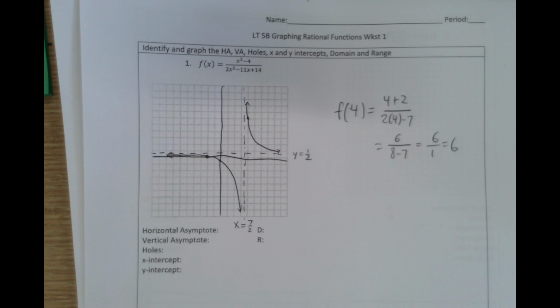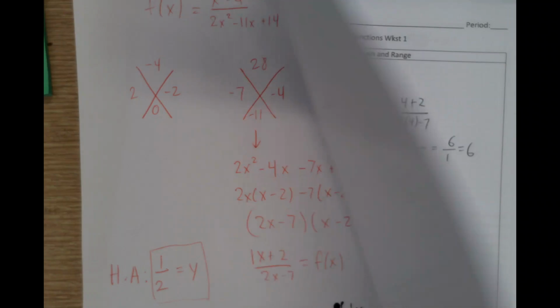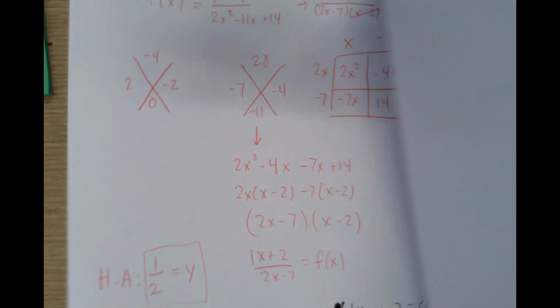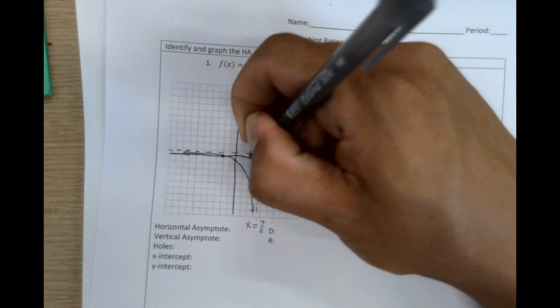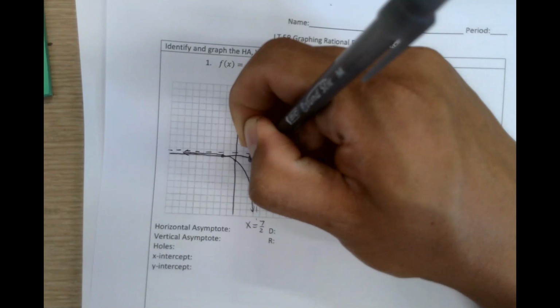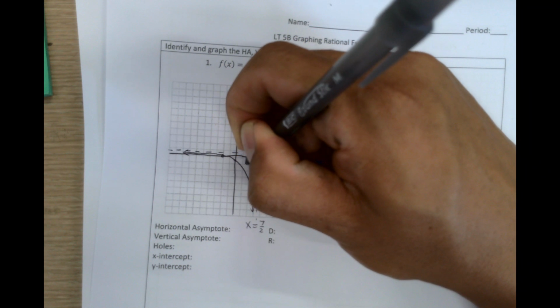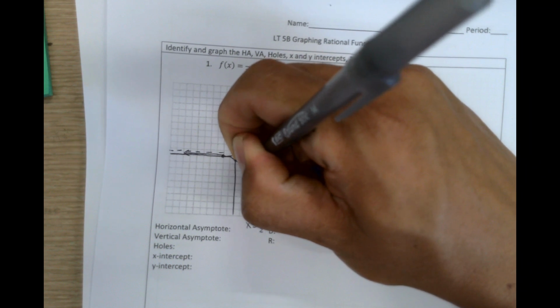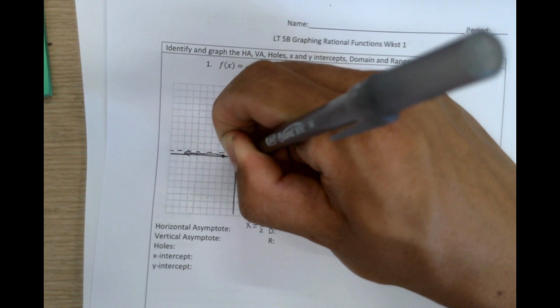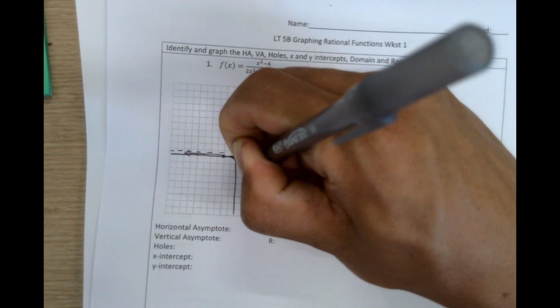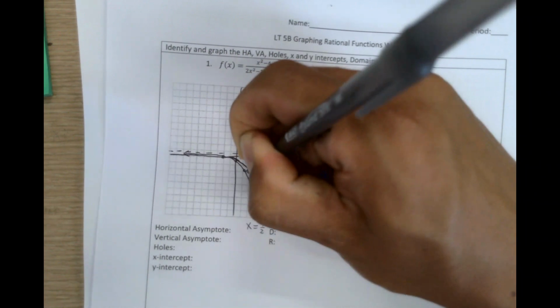I have a hole at 2 comma negative 4/3. So 1, 2, negative 4/3. Sorry, that would be probably like right. So I guess the graph should be more like this, and the hole would be right here.